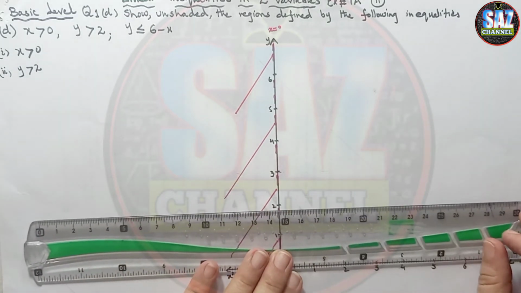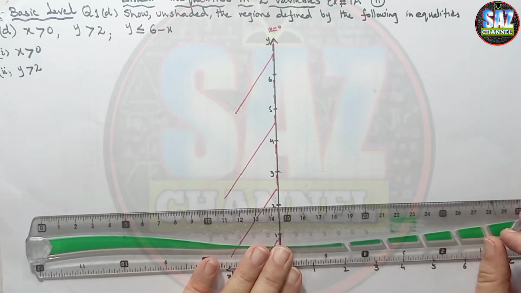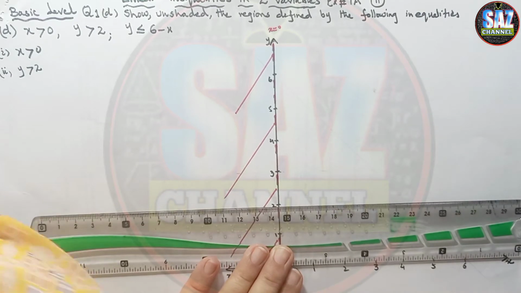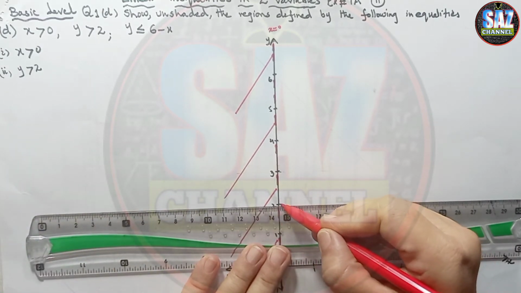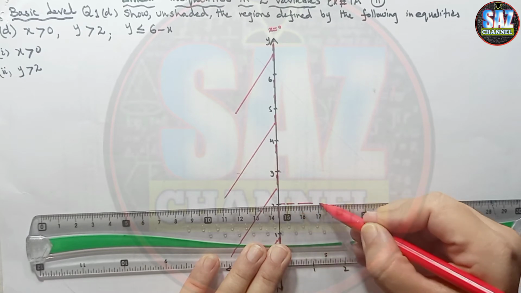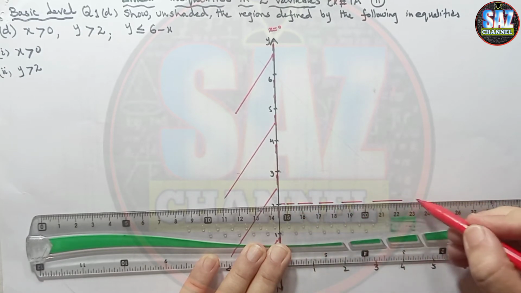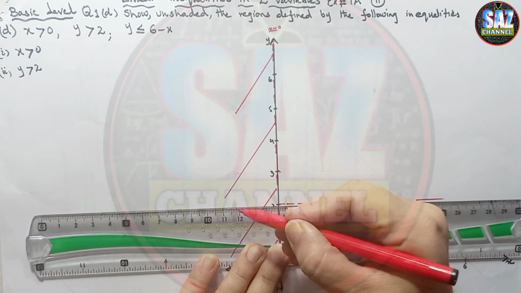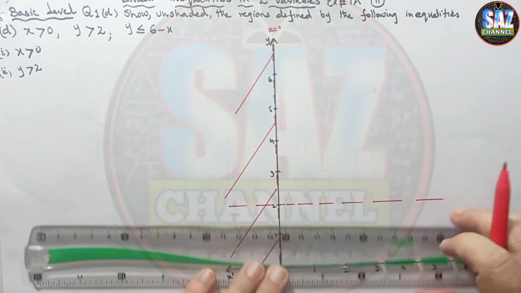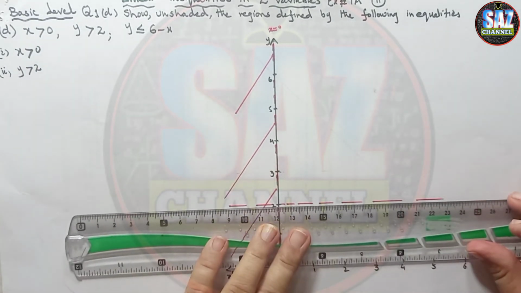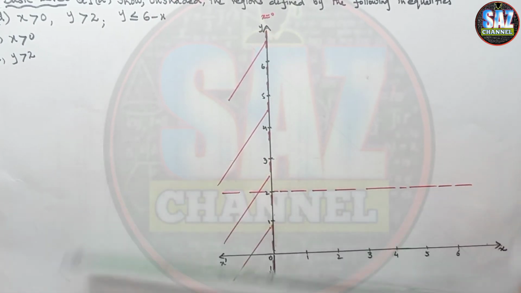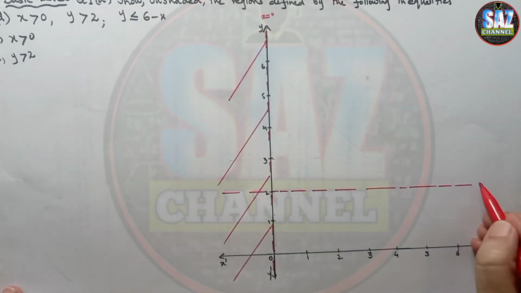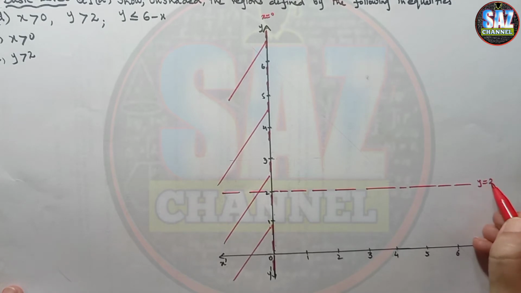First of all, I will mark a line at y equals to 2, and then we'll discuss the shading. This is the line y equals to 2. But if we look at the inequality condition given in the question, that is y greater than 2, I need the values of y which are more than 2.